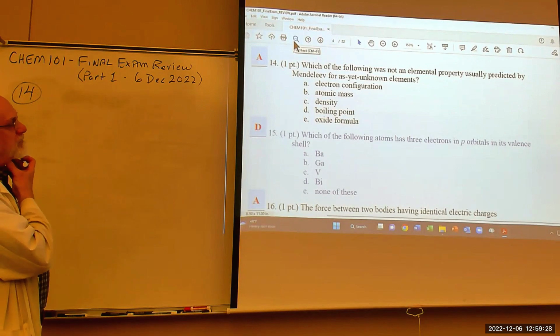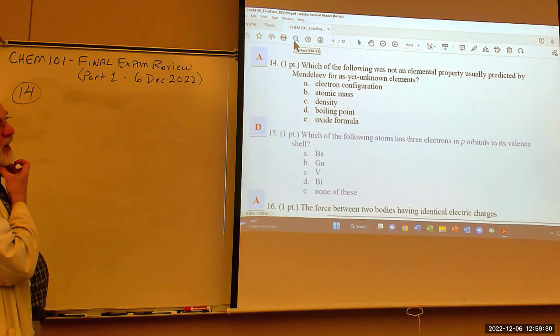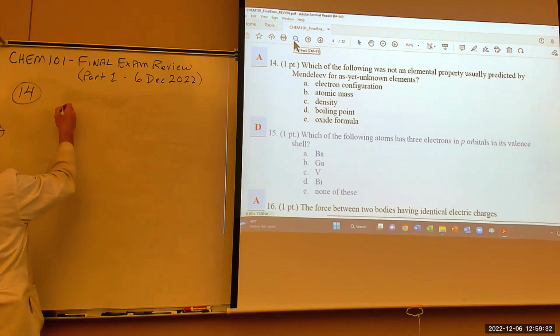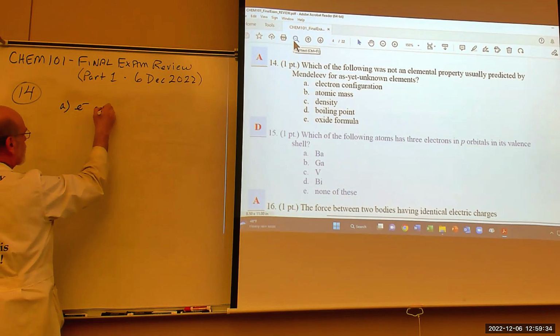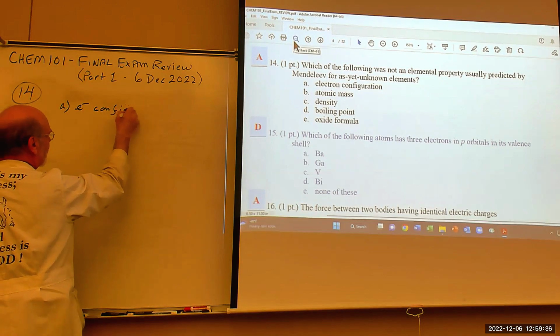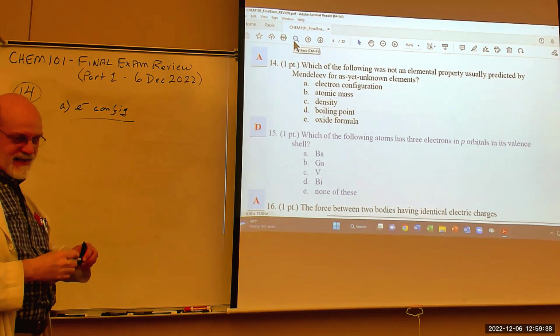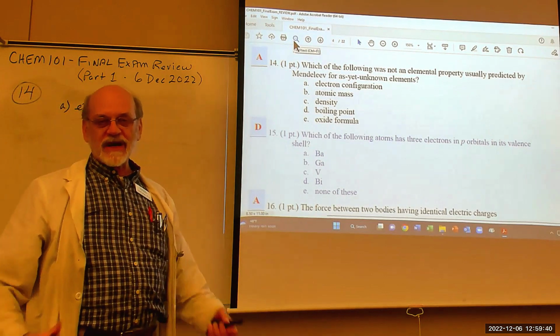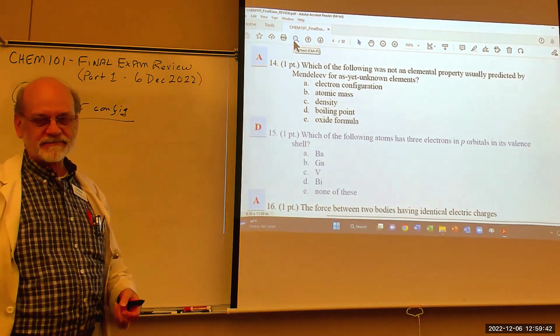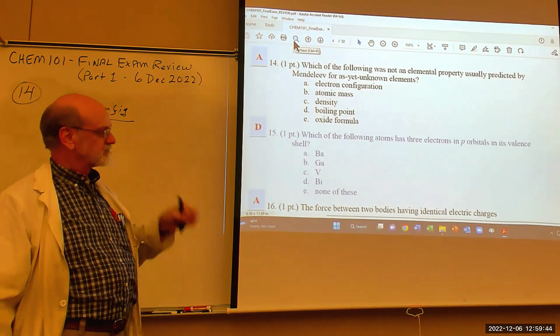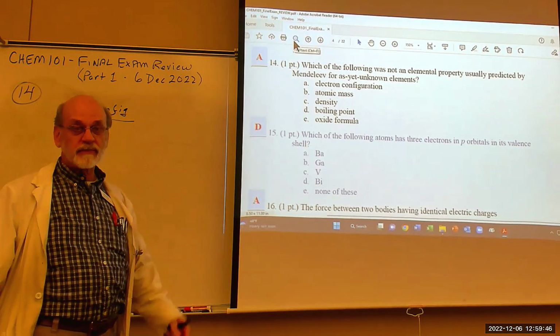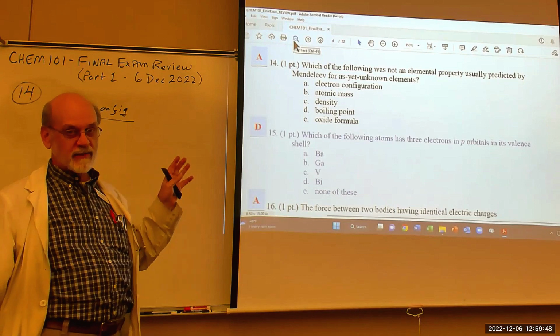So, which of the following was not a property? Electron configuration? Yeah, they knew nothing about the structure of the atom. They didn't know about electrons. It wouldn't be long, but they didn't know about them then.